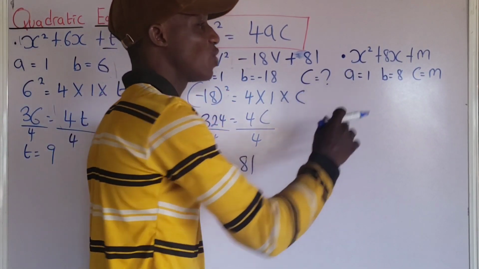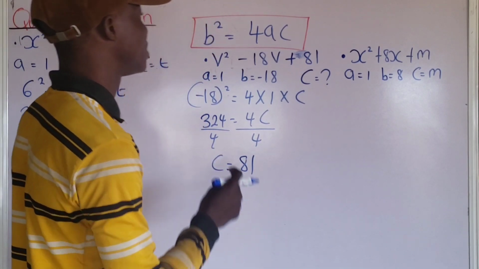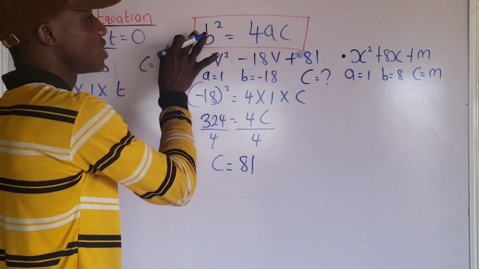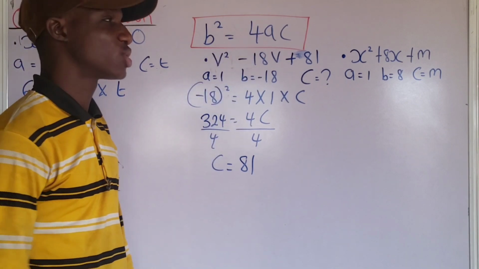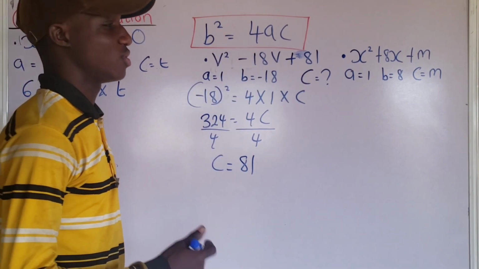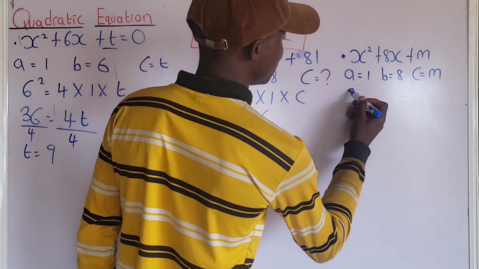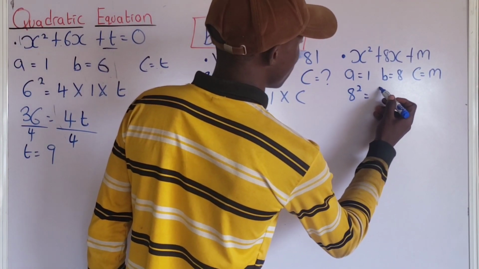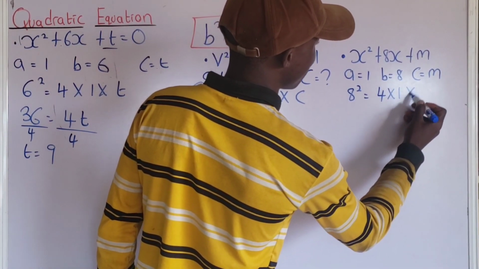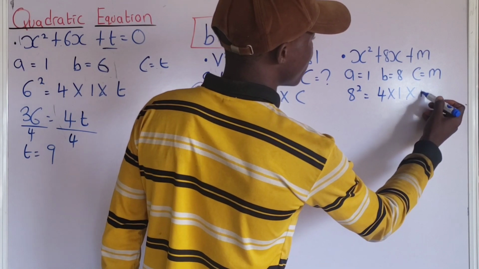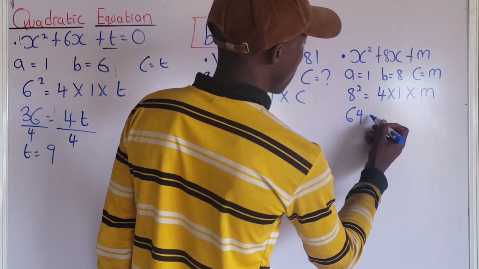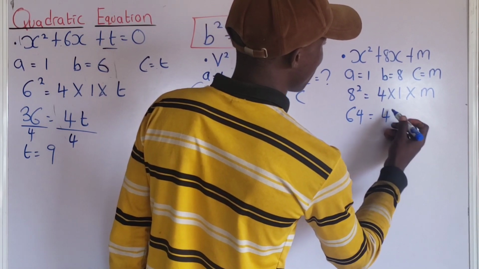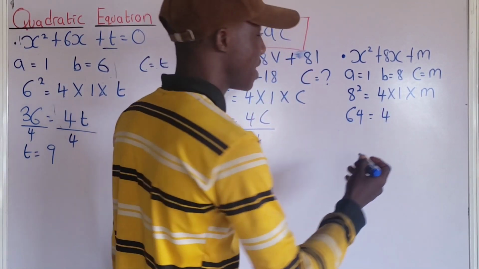Having identified your a, b and c, all you have to do is substitute into the expression b squared equals 4ac, then solve for the value of c. So here I'm going to have b squared, which is 8 squared, equals 4 multiplied by 1 multiplied by c. C is equal to m, so multiplied by m. 8 squared is 64. 64 equals 4 multiplied by 1 multiplied by m, which is 4m.